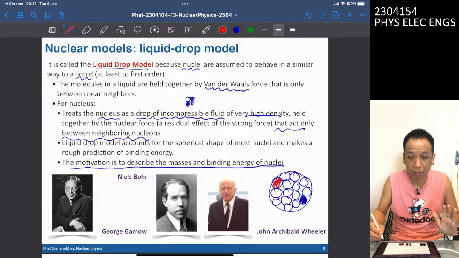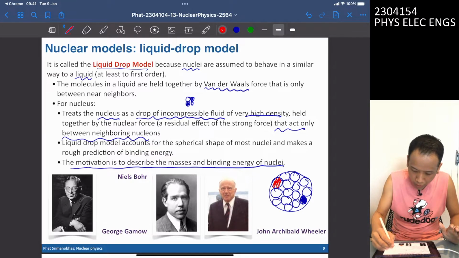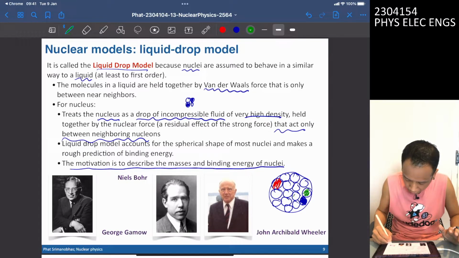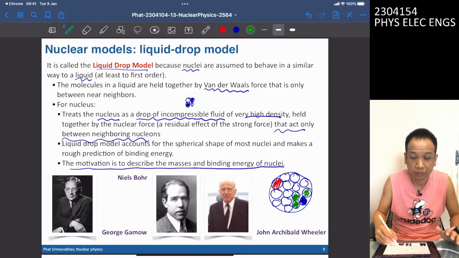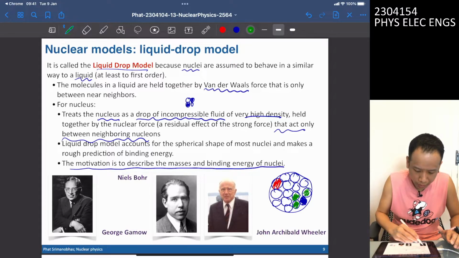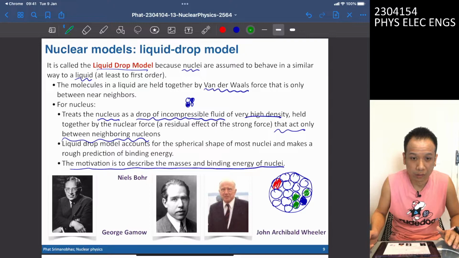This blue guy will talk to its neighbors only, so it talks to the green, okay. It doesn't talk to the red. So that's what we mean: the force acts only between neighboring nucleons, okay.